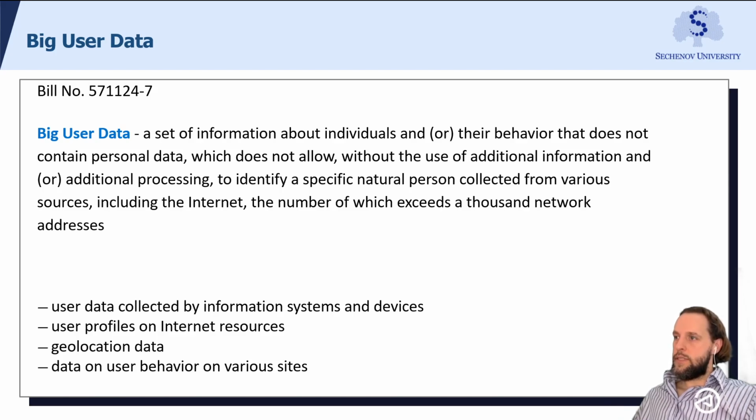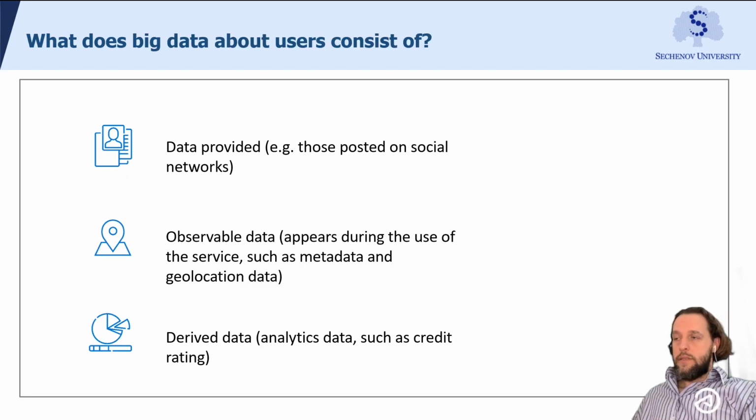And this data is connected with geolocation, users' behavior, their profiles, and all the information they're receiving on the internet. So it will be data provided by users, for example, on social networks. It will be observable data, for example, where this user was, or which sites he visited, and so on.